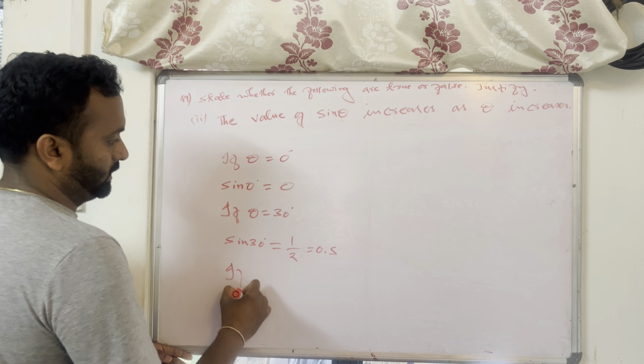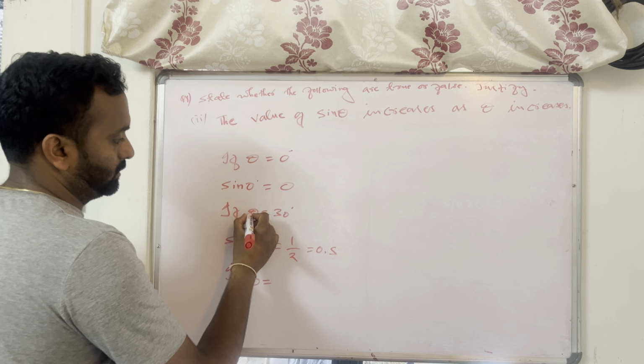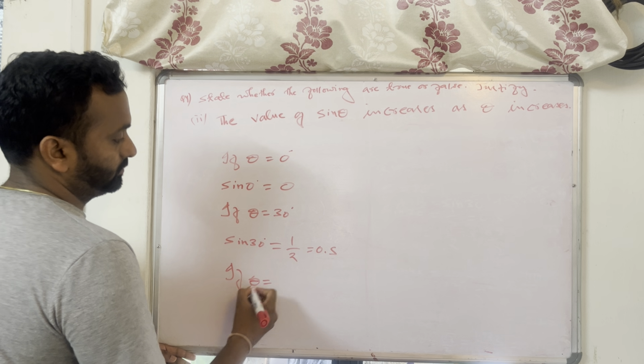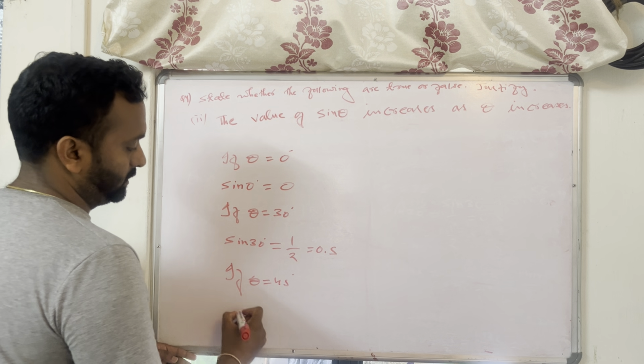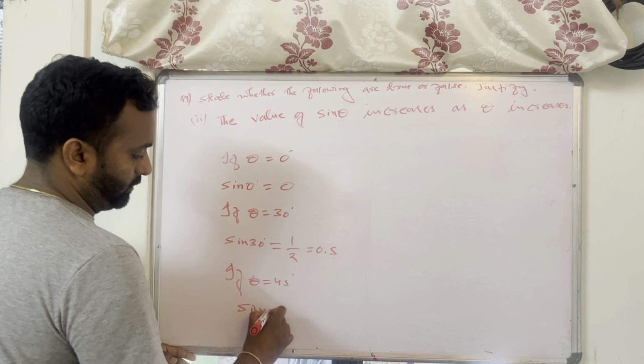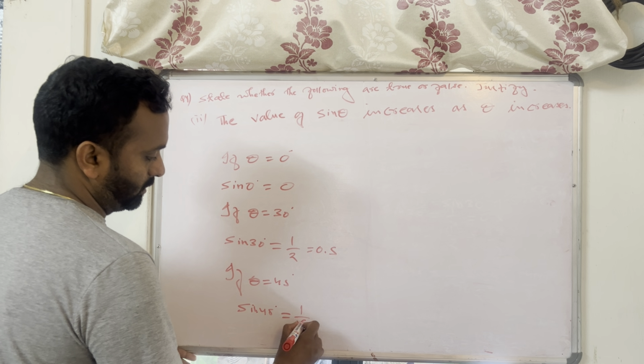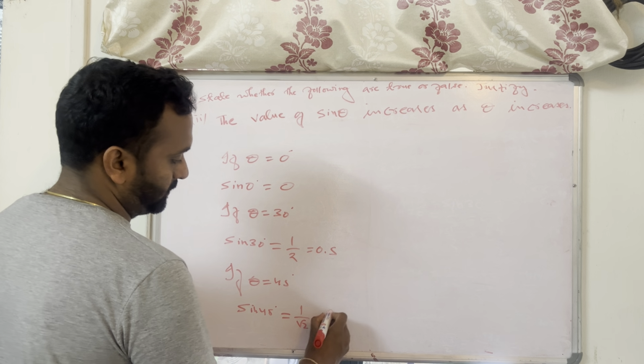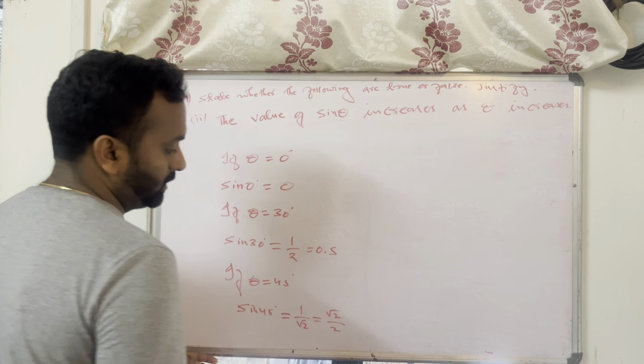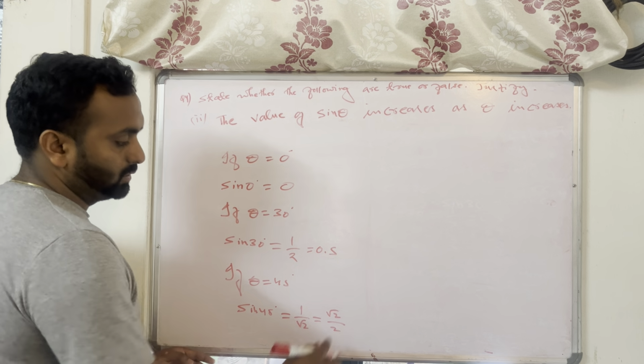So if we take theta as 45 degree, sine 45 degree is how much? 1 by root 2, and if we rationalize it we get root 2 by 2. How much is root 2? Root 2 is 1.414, divided by 2. So if we divide 1.414 by 2, how much are we going to get?